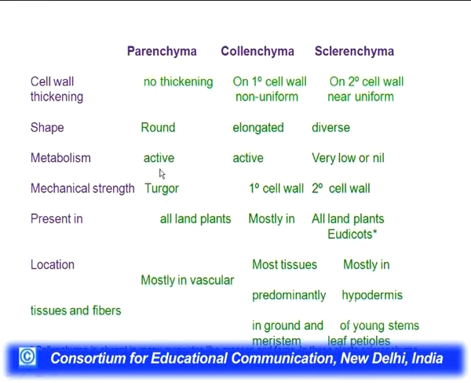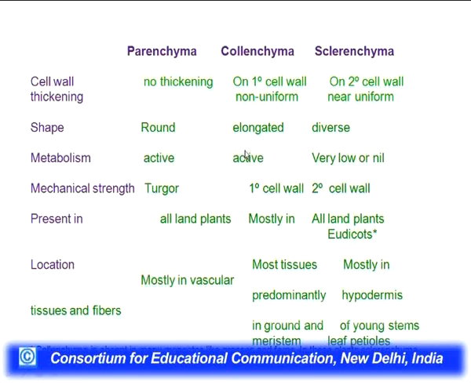The cells are small, compact and water filled, so they give a lot of turgor pressure, and that turgor gives support to the parenchymatous cells. In contrast, Collenchyma support comes from the primary cell wall, and Sclerenchyma support from the secondary cell wall.